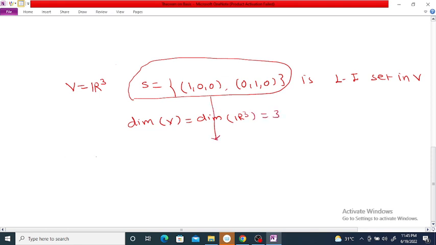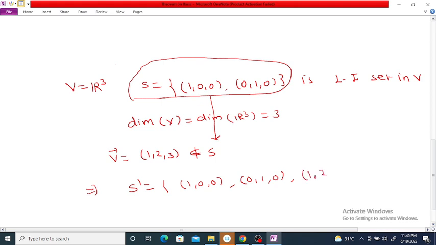If we consider any vector which does not lie in this set, suppose we consider the vector v bar = (1,2,3), which does not belong to set S, then we form a new set S dash = {(1,0,0), (0,1,0), (1,2,3)}.